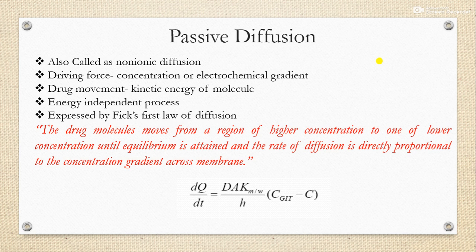C_GIT minus C is the difference in concentration in GI fluids and plasma, and this difference in concentration is also called the concentration gradient, and h represents the thickness of the membrane.